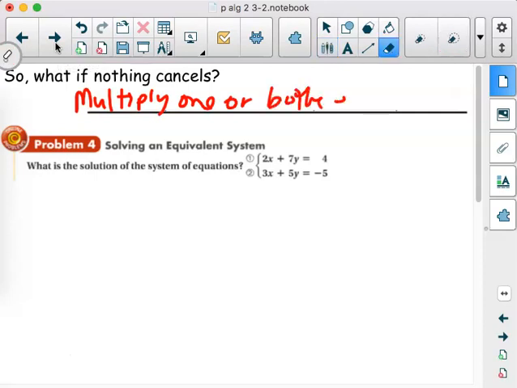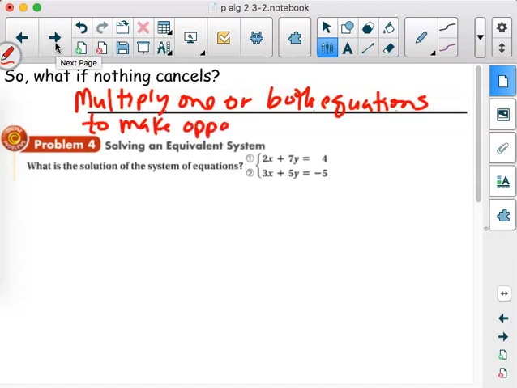Oops, I did an English both with an E at the end. Both equations to make opposites. Multiply one or both equations to make opposites.